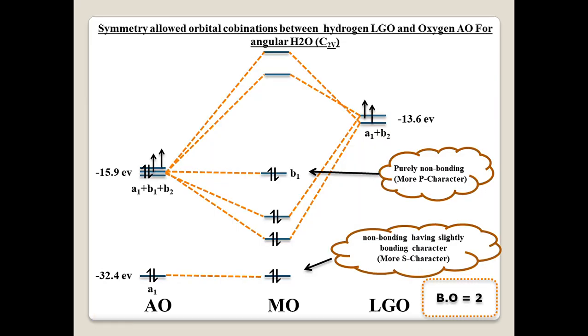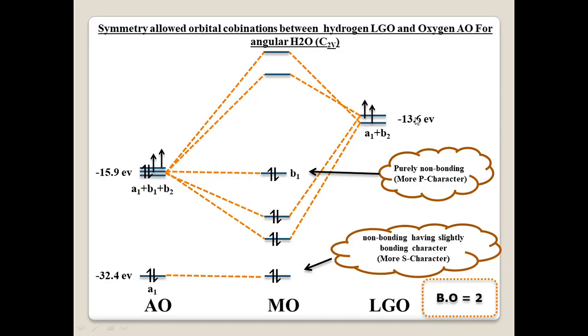Here I have drawn the molecular orbital structure of the C2v point group of water molecule. Let's check it. This is your 2s, A1, and 2px, 2py, 2pz, which are A1, B1, B2. Here I have written the energy only.